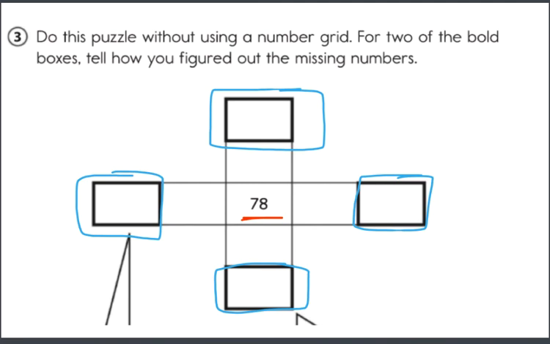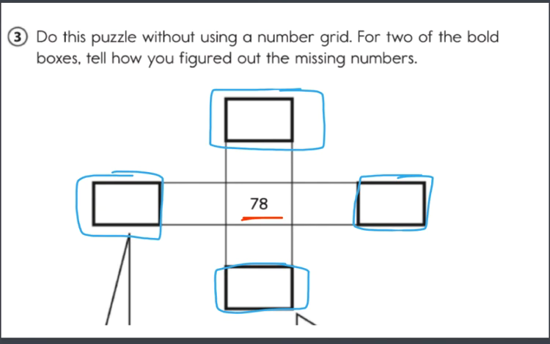You didn't just guess, you thought about the patterns that you've been working on with the hundreds chart, the number grid. The patterns that you know about with rows, with going by ones, the patterns that you know about with columns going by tens. How did you figure out at least 2 of the bold boxes?